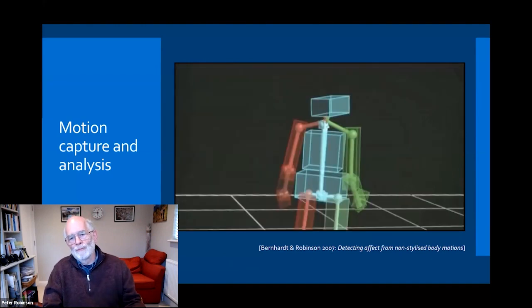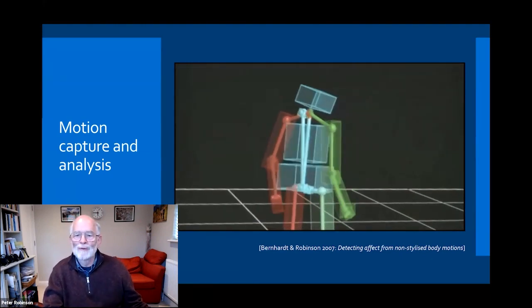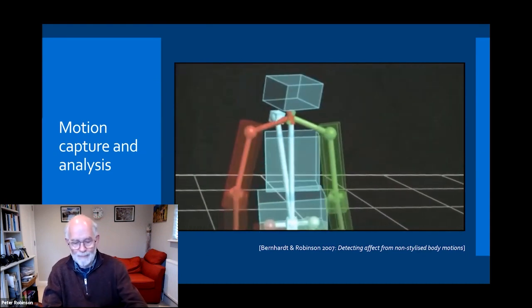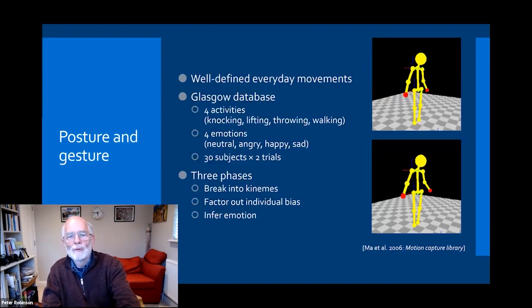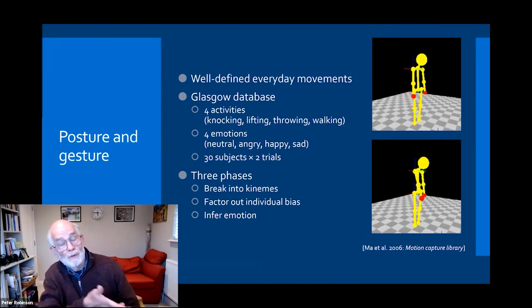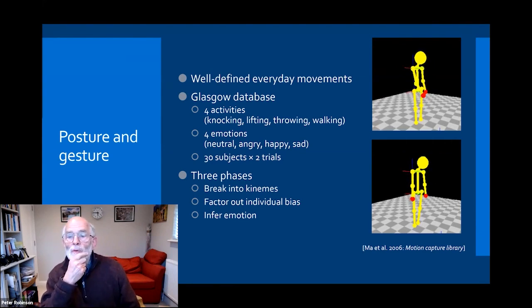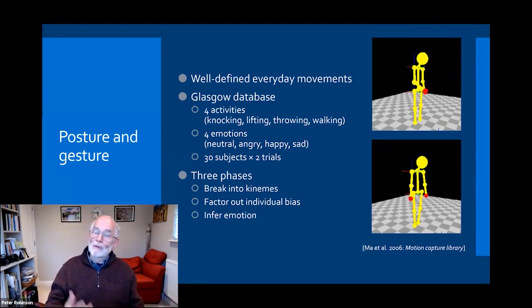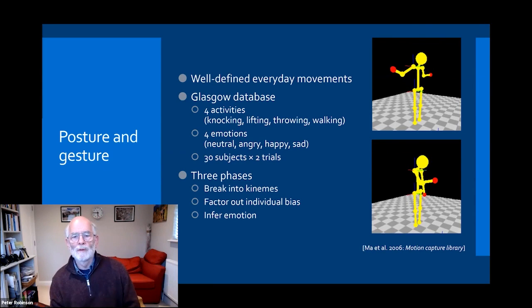And you can sort of see a sad or an angry acting there. Well, of course, this is also usable for measuring emotions, and we've got some videos actually from some colleagues in Glasgow who recorded 4 different activities with 4 emotions and had a large number of subjects recorded and tracked them using similar equipment.